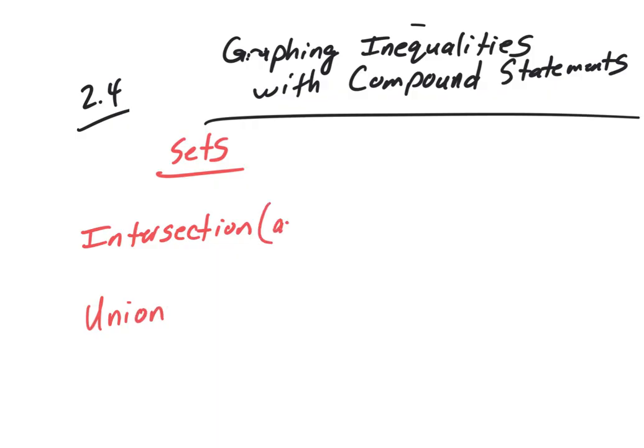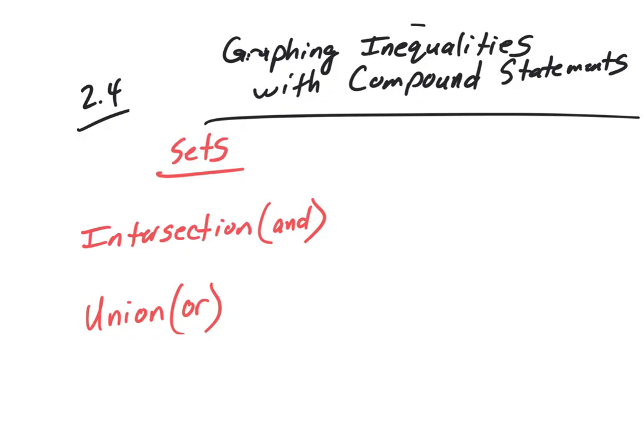An intersection is going to use the word and, because if I want this and this to happen, that means I want both things to happen. Union is or. I want one or the other to happen.